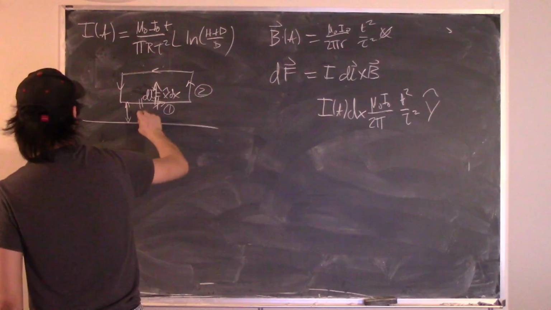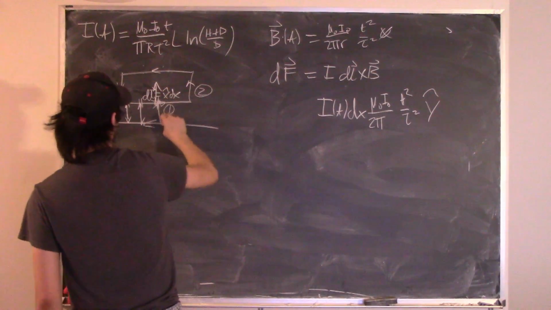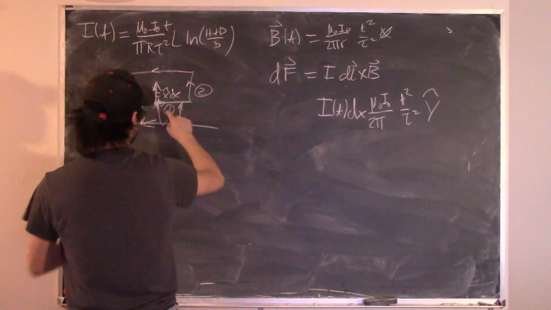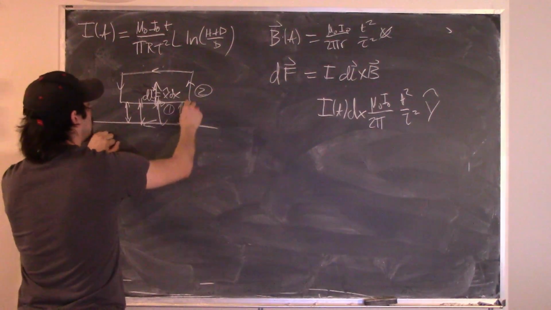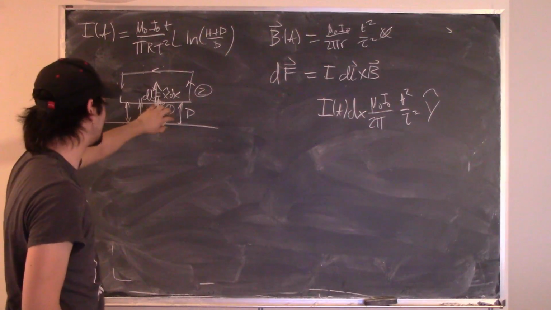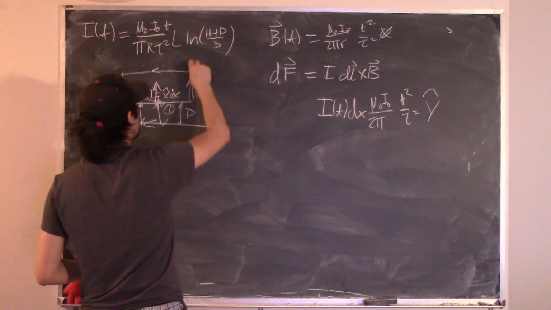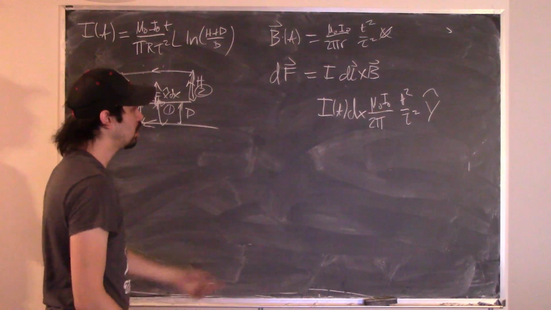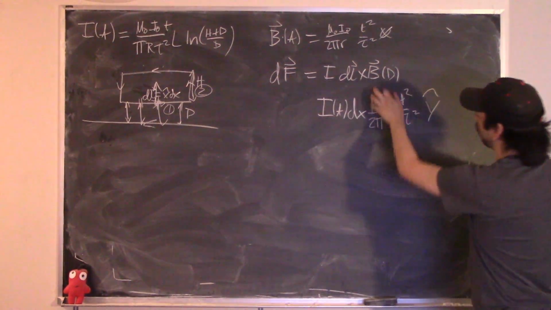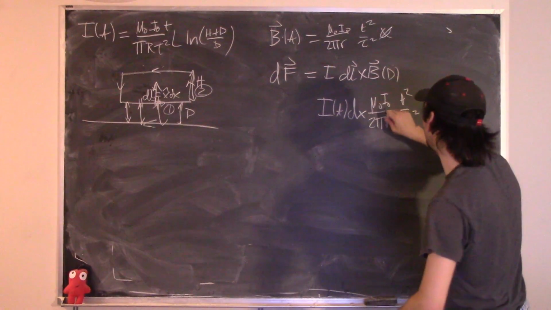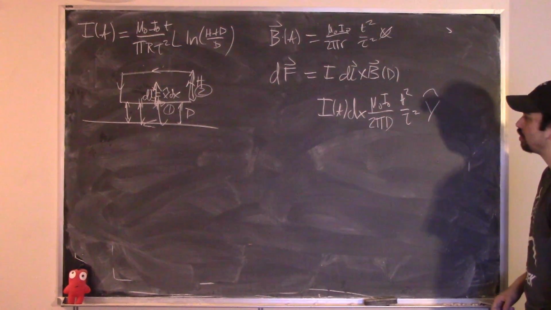Now this r, for every point on this first piece, is the same distance from the wire. This is always the distance d that I had here. So this is the distance d, this is distance h. When I plug this in, this is just the magnetic field evaluated at d.